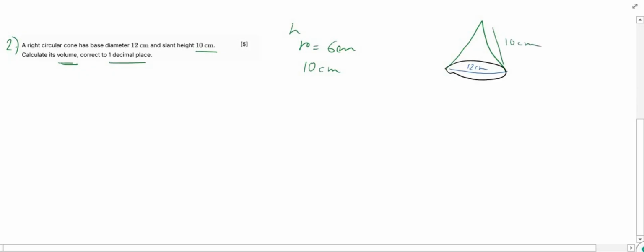So basically we have a slant height and a base, and we have to find the vertical height here. To find this vertical height, we can do Pythagoras on this part, as we have the slant height, and from the base we can get the radius of 6 centimeter. We just have to find this height.